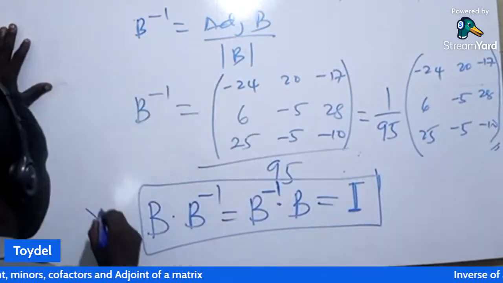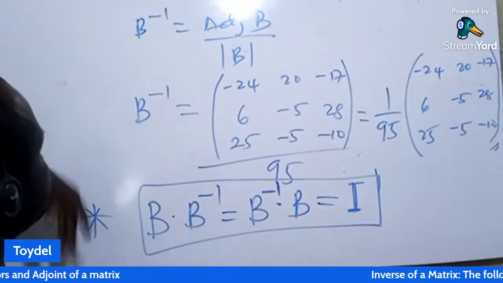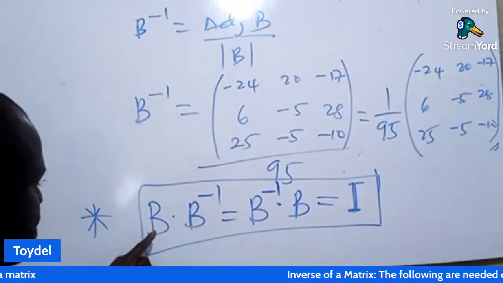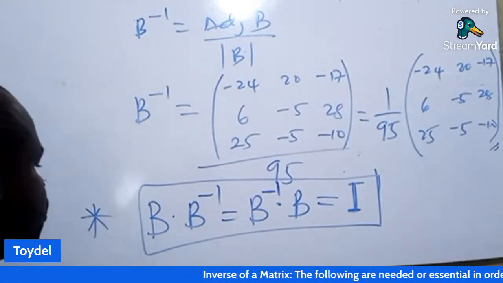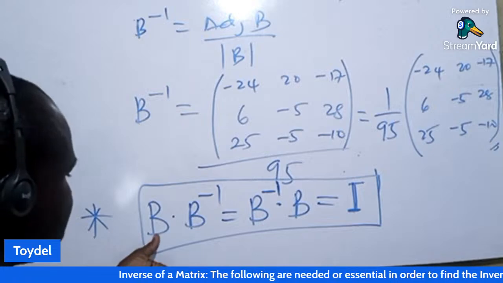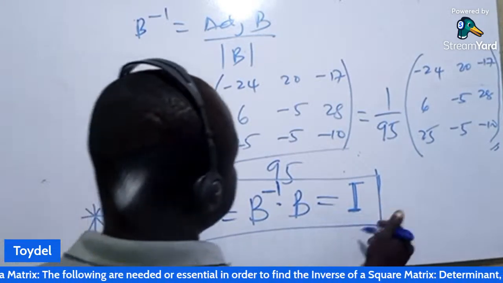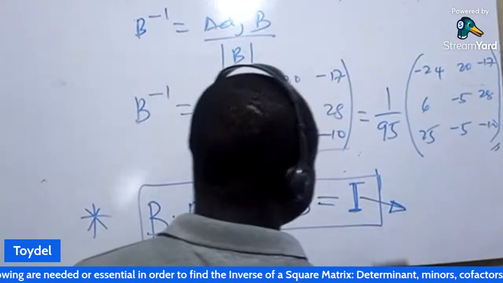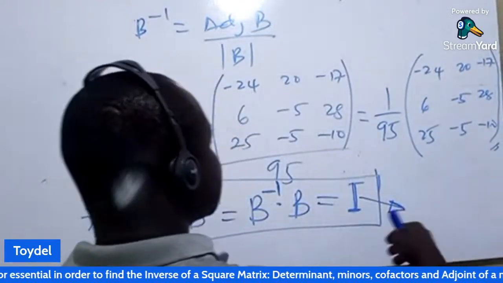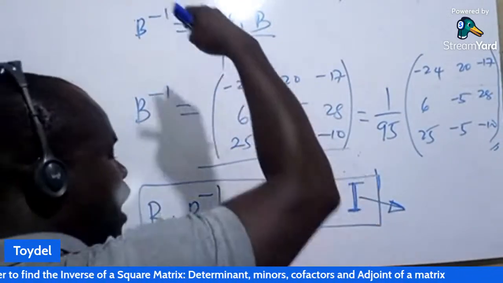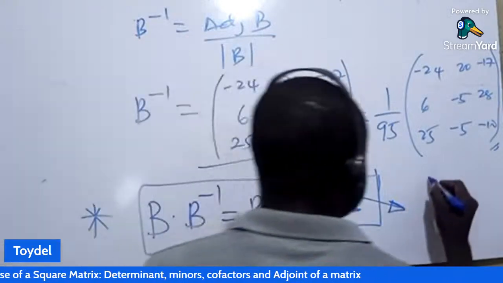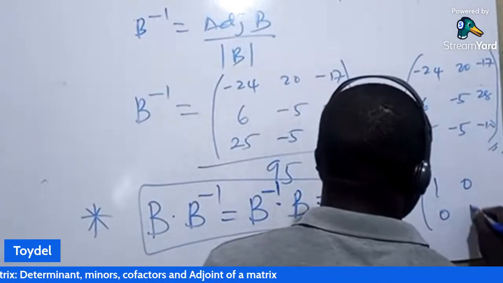So please, I want you to check this using the two examples. The matrix in the first example, 2 by 2, is A. Just say A multiplied by A inverse, and let's see if you are going to get a unit matrix. A unit matrix simply means a matrix that has every element zero and 1 along the leading diagonal. That is, for 2 by 2, you are going to have 1, 0, 0, 1.